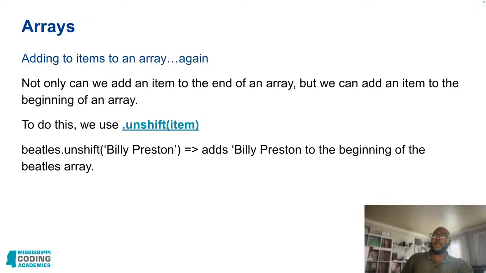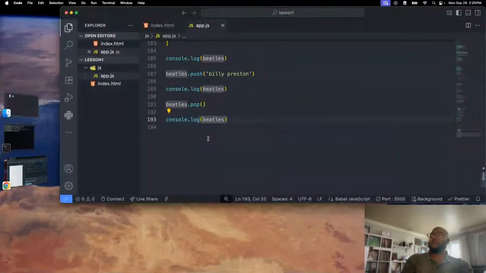But we can also add an item to the beginning of an array. So to do that, we use .unshift. Again, this is another method on arrays, and we will talk more about methods later. So we're going to add Billy Preston back, but we're going to put him in the front.